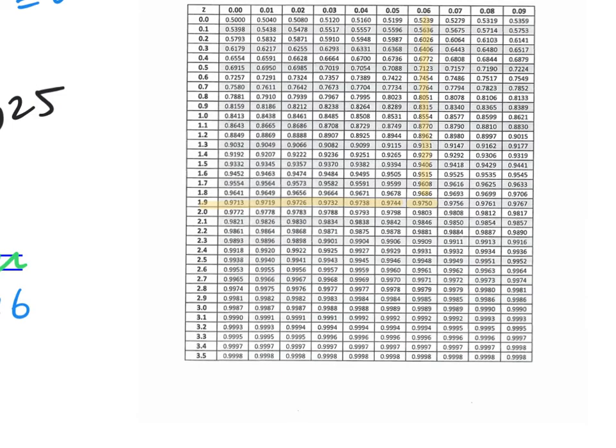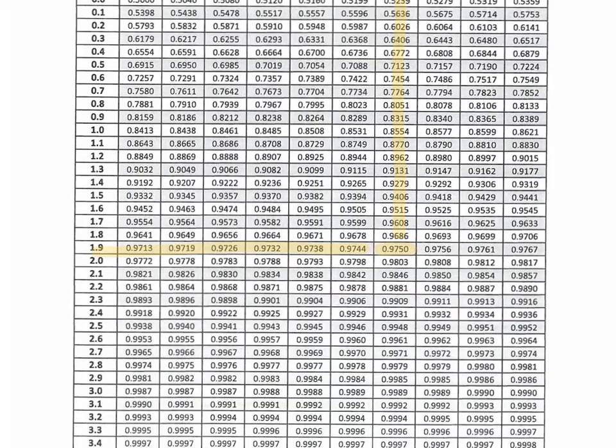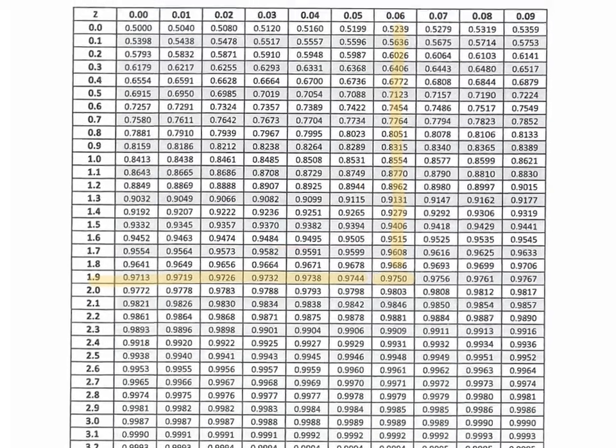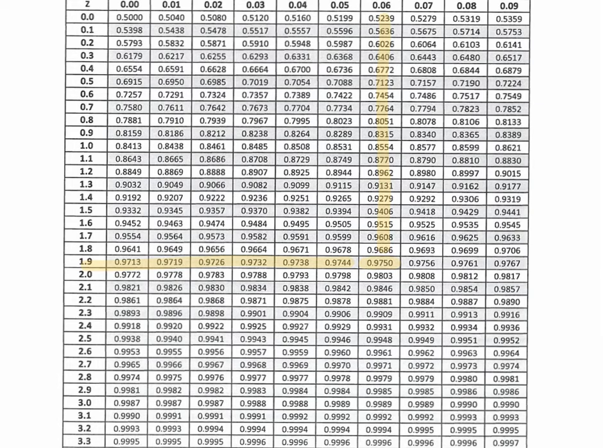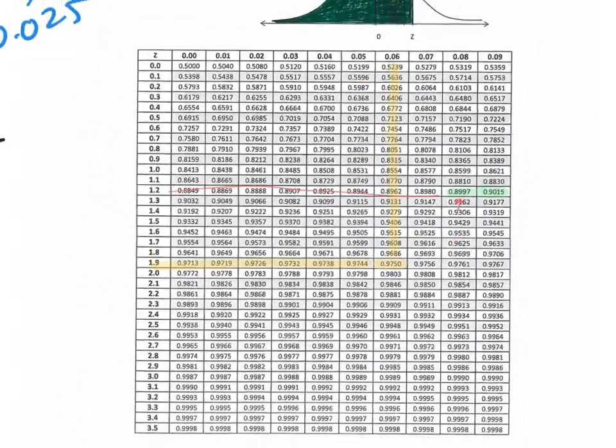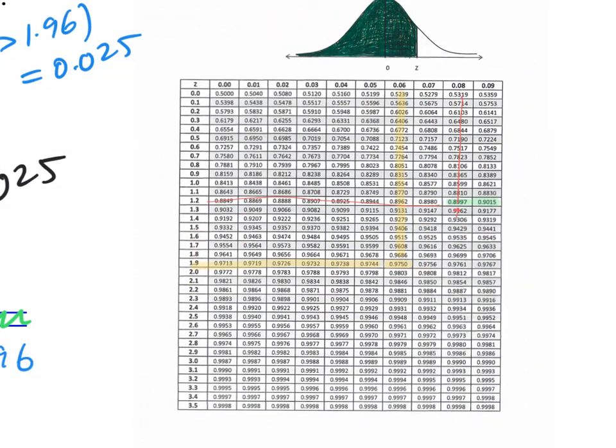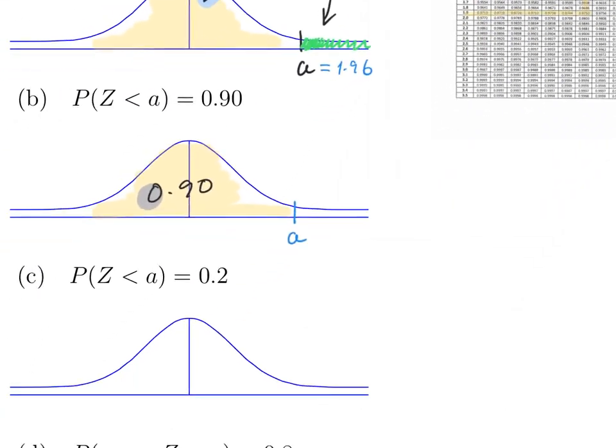And now we're trying to find the closest thing to 0.90. Well, 0.90 is not quite there, but it's between these two. So this is the closest you can get to 0.90. Actually, this one is a little closer, which came from 1.2 and 8 here. So therefore the answer would be 1.28.